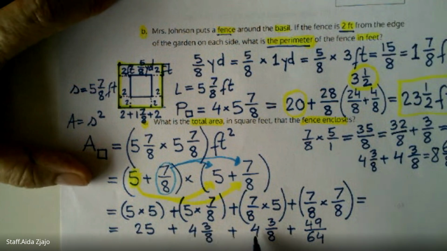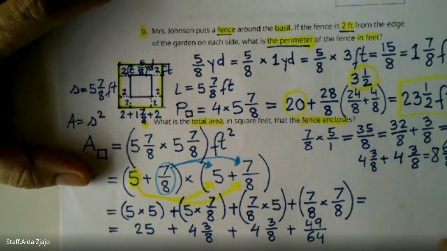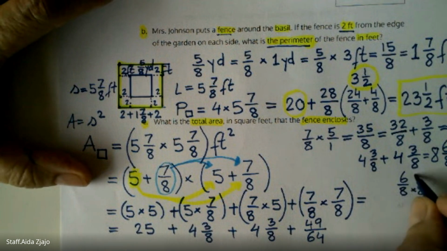So this is 8 and 6/8, but 6/8 I can change into 64ths to add to the 49/64. So I'm going to multiply by 8. 6 times 8 is 48. 8 times 8 is 64.